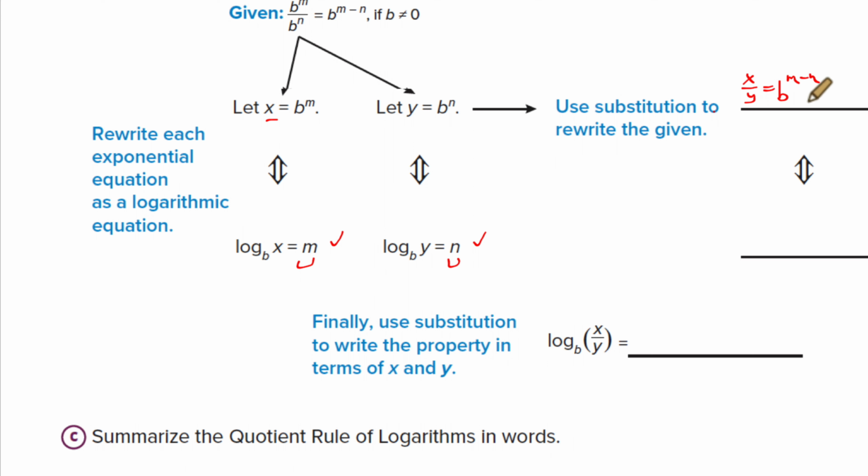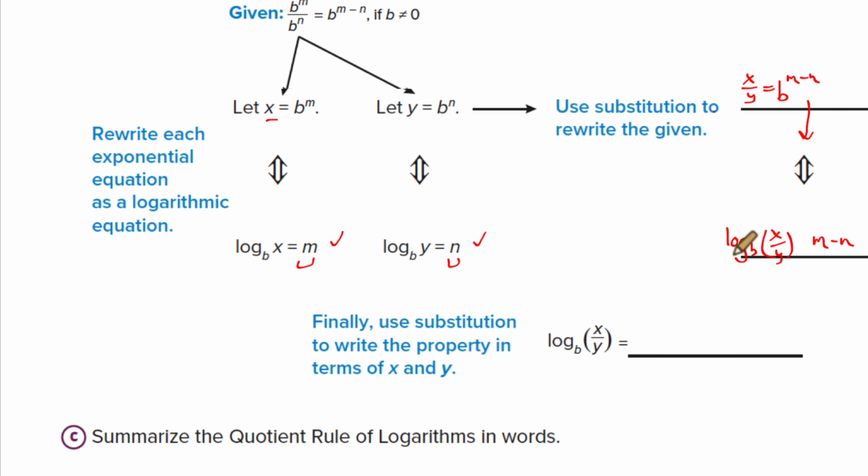Well, let's rewrite this in logarithmic form first. The base is b, so we're going to have log base b. What's the exponent here? M minus n. That's the exponent. And then the argument would be x over y. See how this is very similar to the other one?